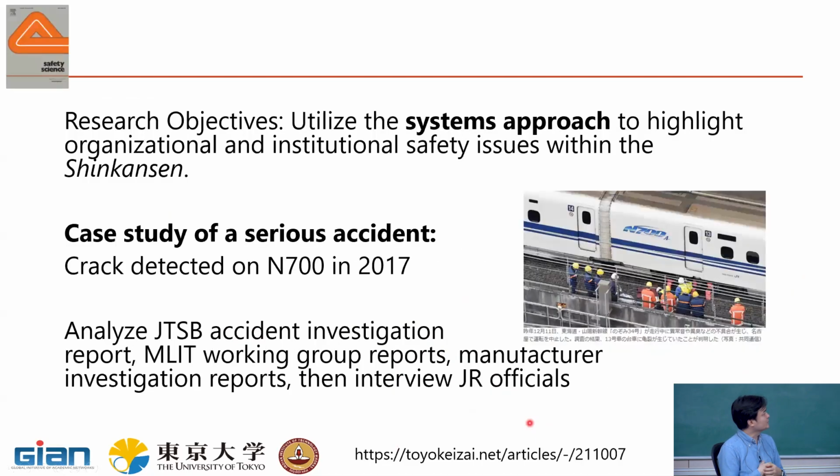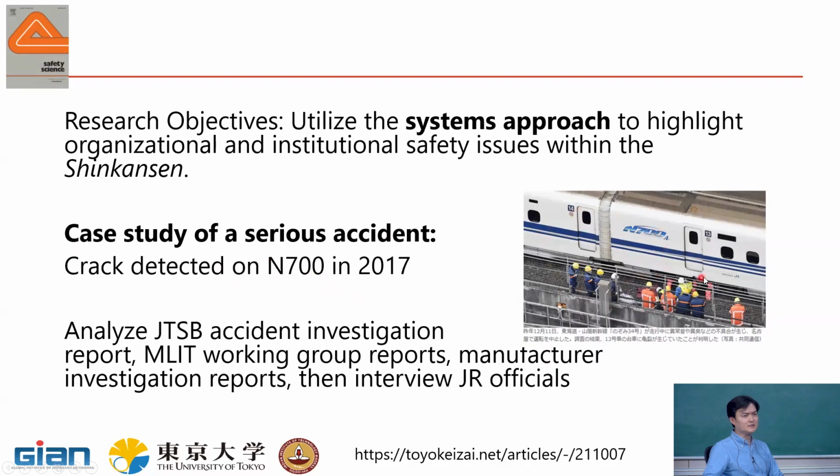And we did this through a case study of a serious accident. The stated objective is to use systems approach to highlight organizational and institutional safety issues within the high-speed rail system. In 2017, we had the first serious accident in the Shinkansen system in decades, I guess almost since inception.